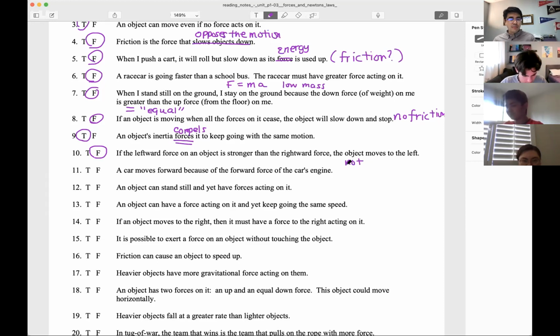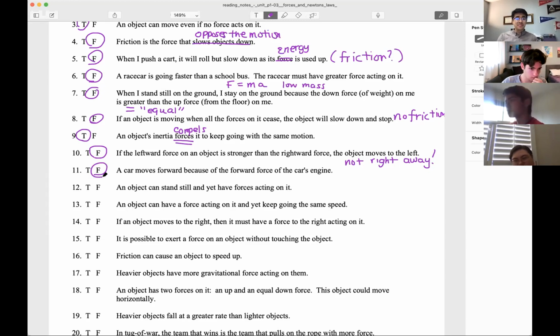If a car moves forward because of the forward force of the car's engine. False. This one's false. Do you know why it's false?